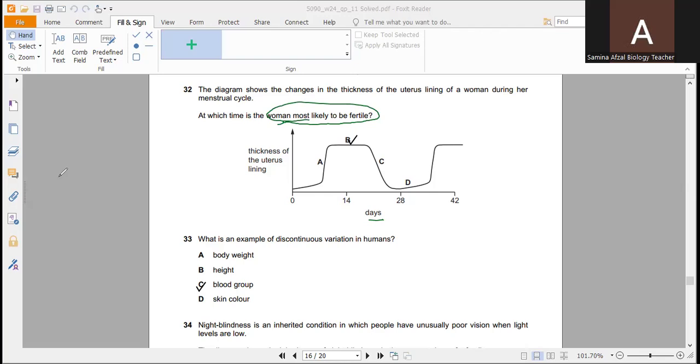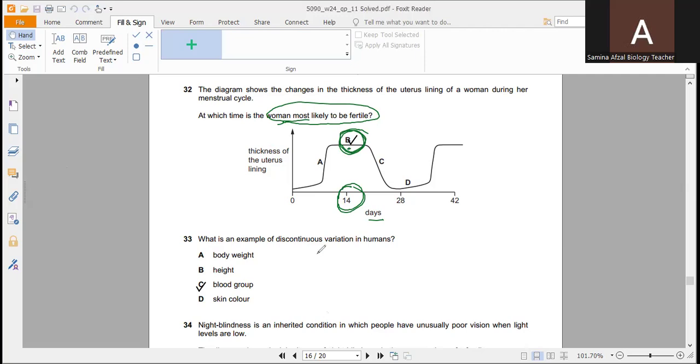The ovulation time is the 14th day, when the egg is released. So according to this, B is the correct option. It also shows the maximum thickness of the uterus lining at that time. So this is the 14th day when the woman is most likely to be fertile.